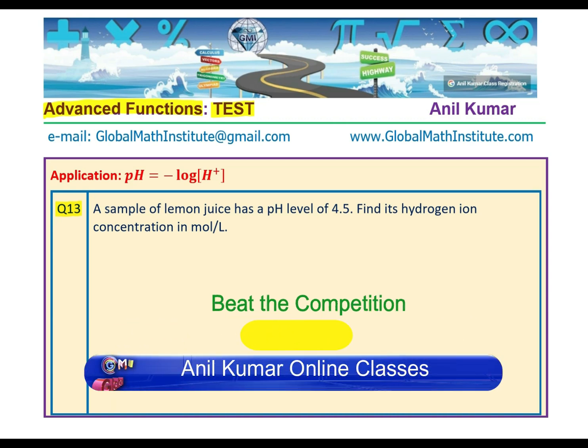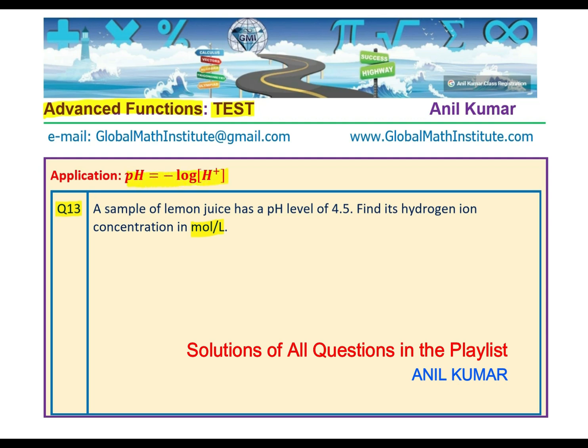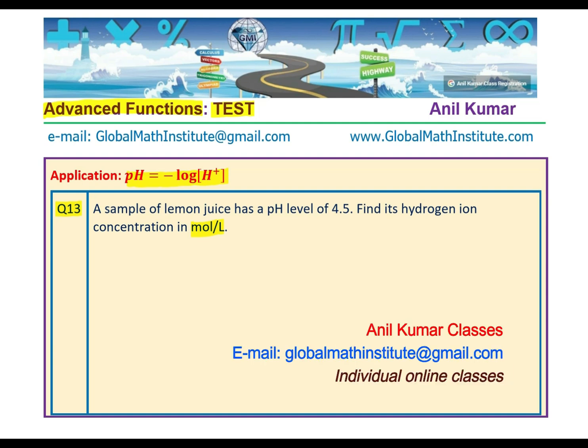A pH level less than 7 means it is acidic, and hydrogen ion concentration is given in the units mole per liter. The formula for reference of our students is right there. So the pH level equals minus log of the concentration of hydrogen ions. So let's use this formula and find the answer.